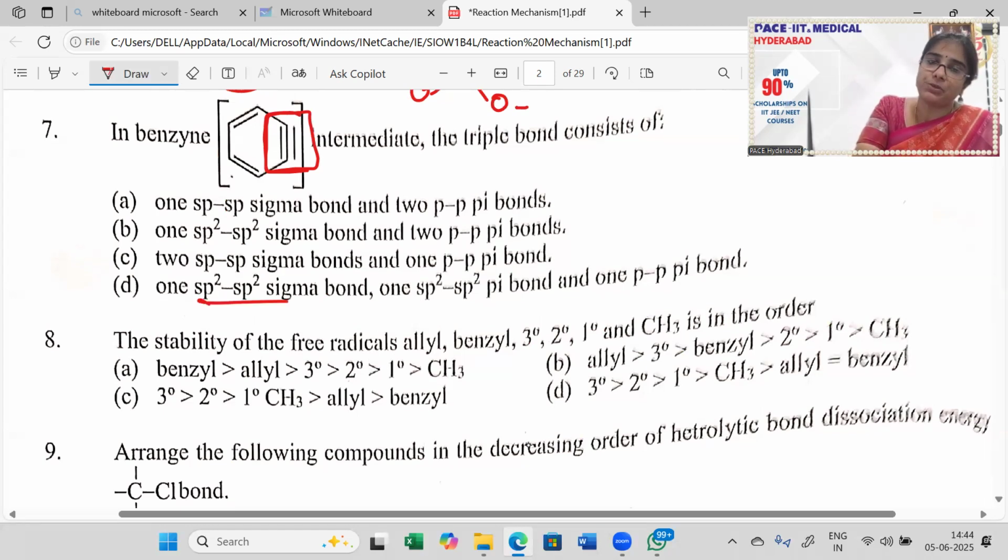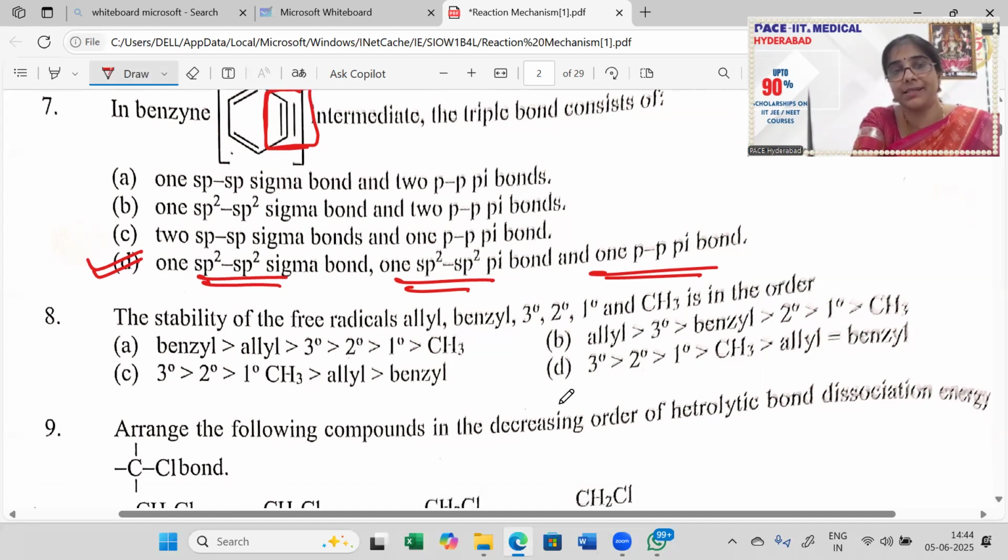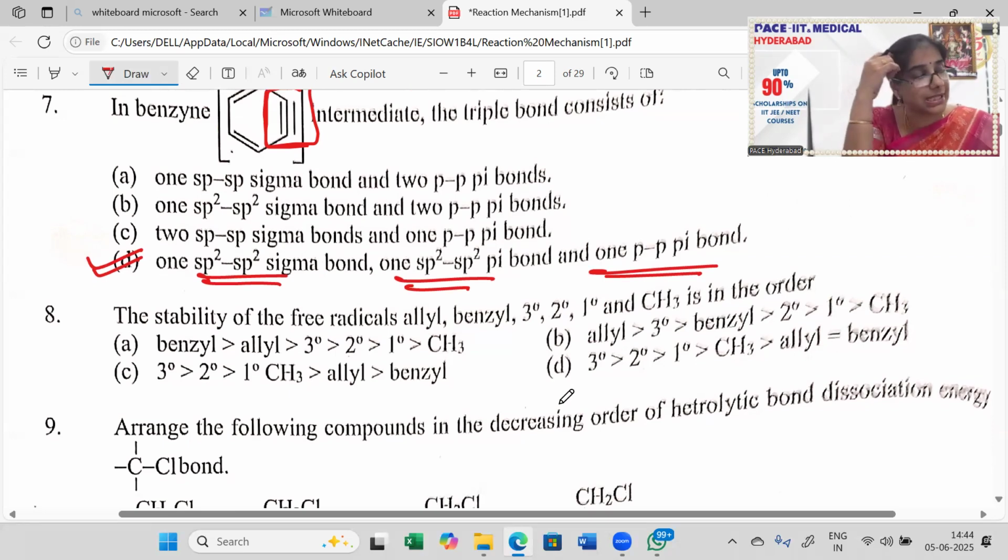So one sp2 sigma bond, one sp2 pi bond, and one p pi bond. So option D, this is a very special case of the benzene ring. Please write this down separately. These are the questions that will come up, and they are past paper questions. So please be very careful. This is a very special case of benzene, right?